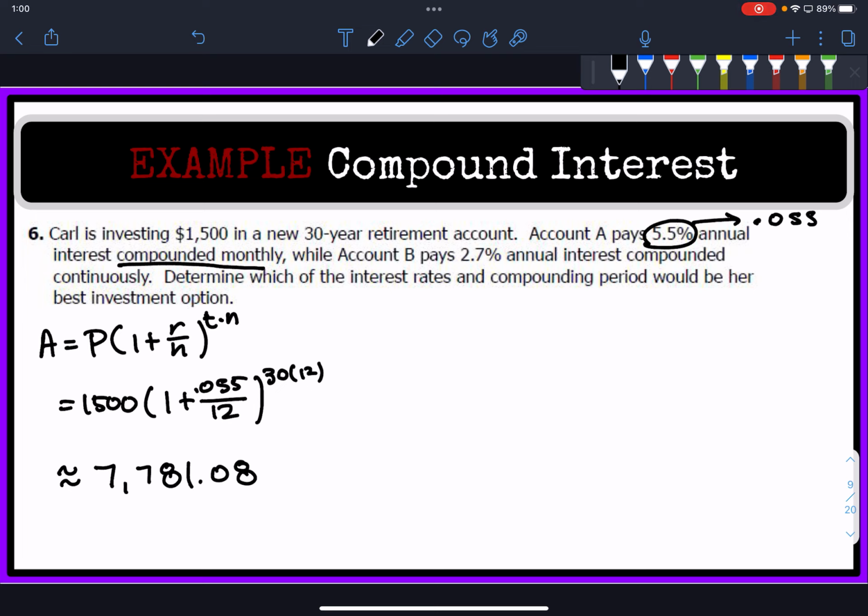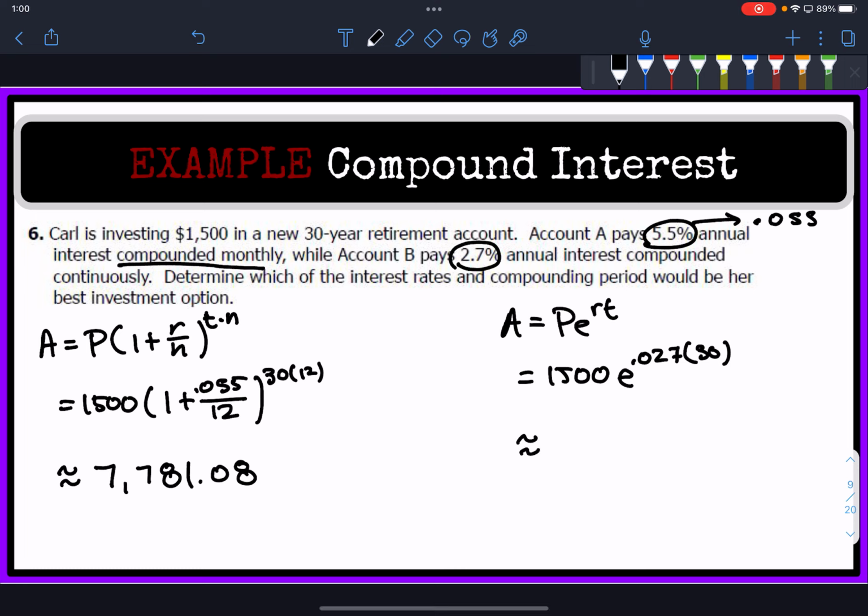Now let's look at option B. Option B is going to pay 2.7% compounded continuously, so we'll use this formula for option B. We'll still use the $1,500, that's the initial amount. e will be raised to the 0.027 because it's 2.7%, and it's still going to be done for 30 years.